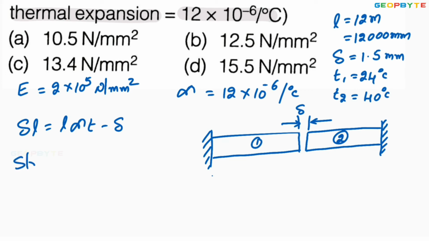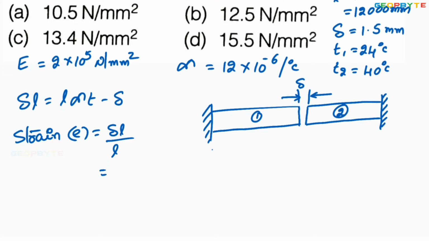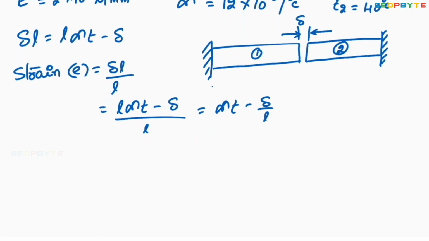The strain, small e, equal to change in length by original length. Here the change in length is L alpha T minus delta divided by L. It is equal to alpha T minus delta by L. That is the strain.